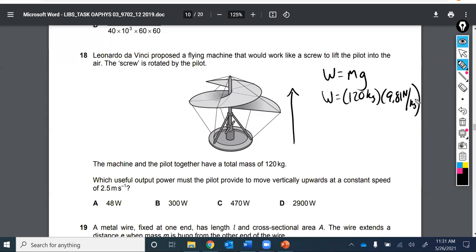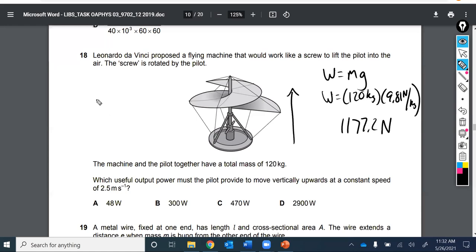Again, that's the same thing as meters per second squared, right? The acceleration of free fall, or newtons per kilogram. So 120 times 9.81 is 1177.2 newtons. So that's the force that we need to supply.